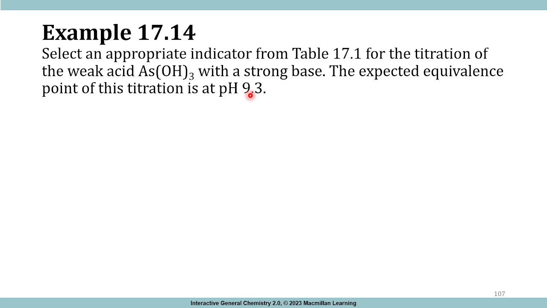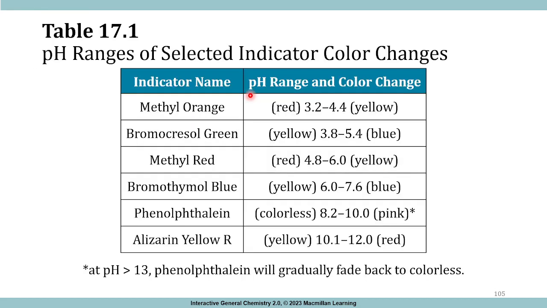And so we would go to that table, we look at the table, and we go, what has an endpoint that's the closest to that pH that our equivalence point is at? Okay? Or it should be at. Well, which one? Yeah, these are really only the two options you have right here.